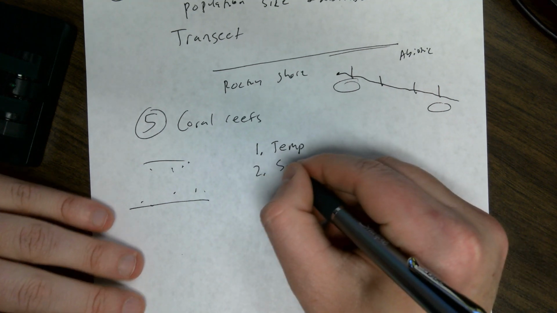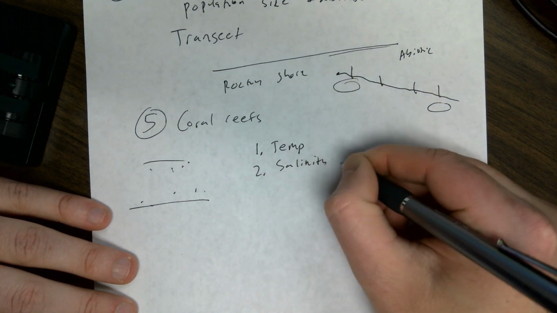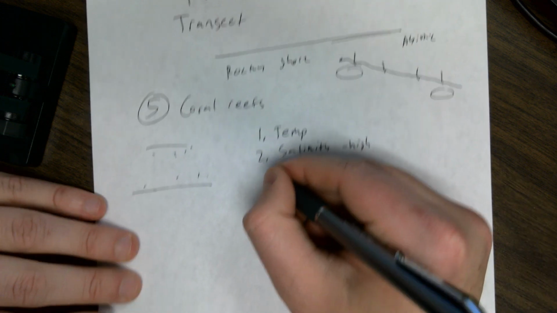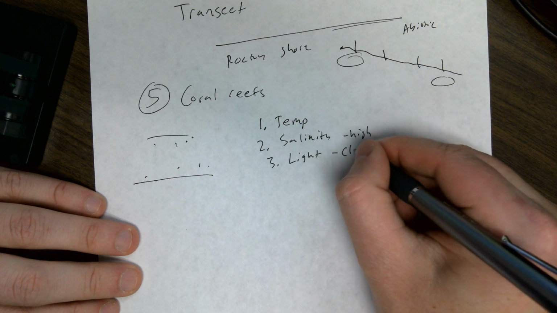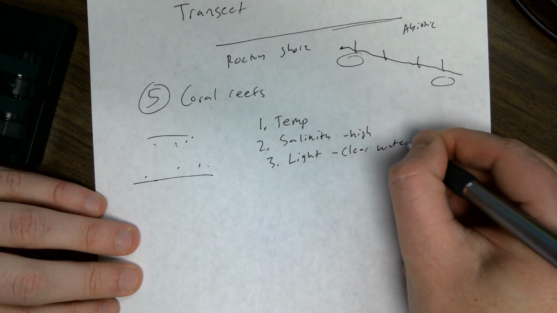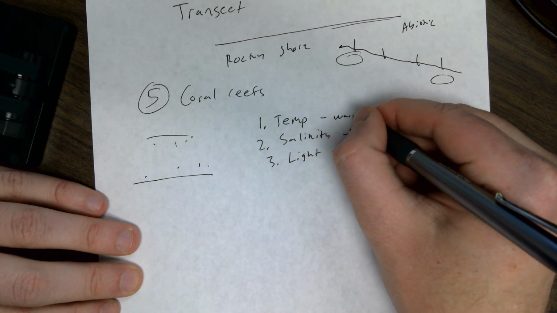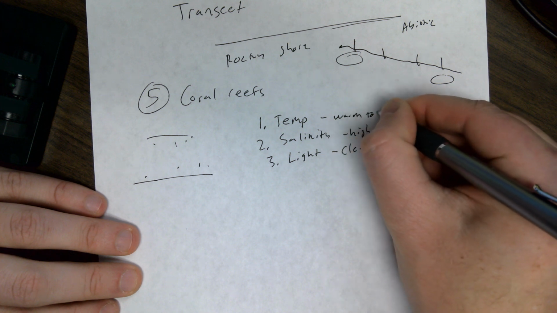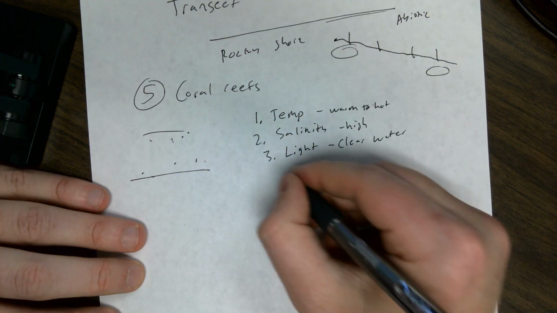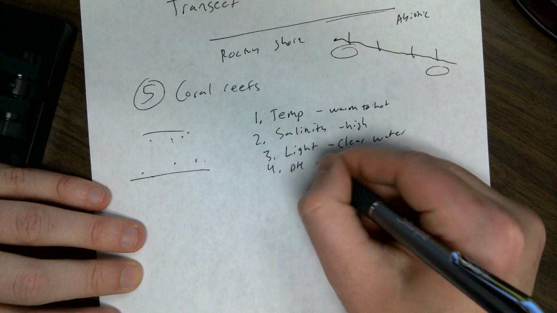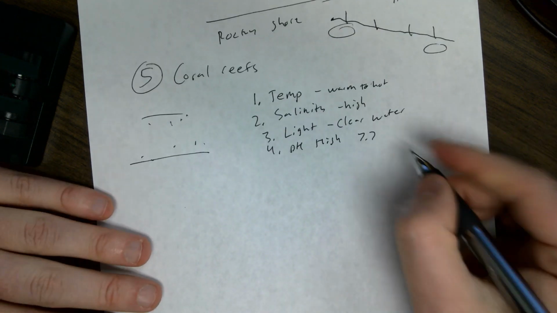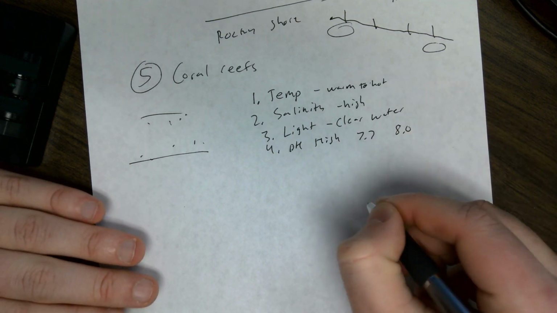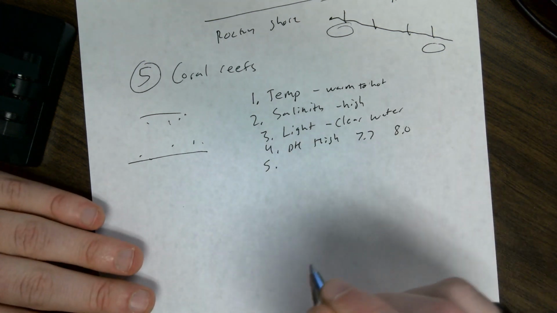They need a high salinity value, so they need the water to be pretty salty. They need lots of light, so they need clear water. Warm to hot. For pH, they need a high pH, typically something above 7.7. Most species are really more above 8, so a pretty high pH value.